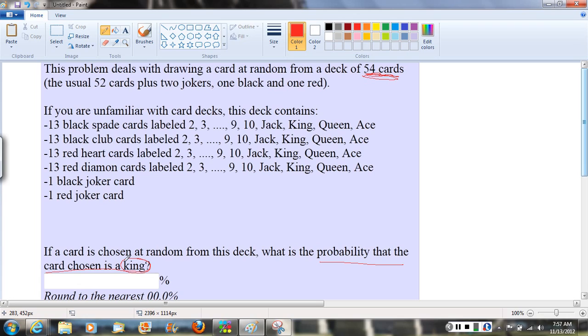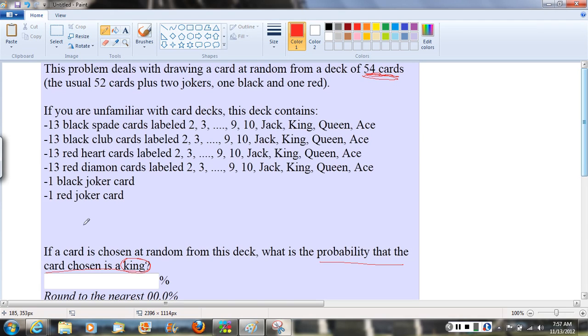So one way we can think about a probability in this situation is the probability of choosing a king would be the number of outcomes of interest divided by the total number of outcomes in the sample space. In other words, let's write that out as a formula.